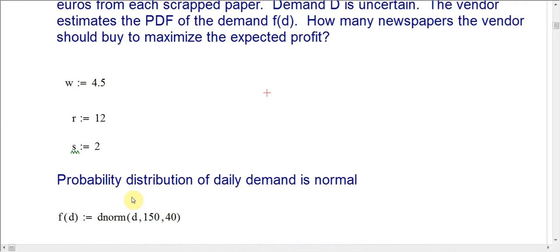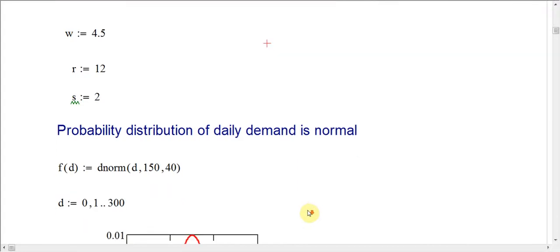The probability distribution of the daily demand, as we said, is normal, and it has a mean value of 150 newspapers and a standard deviation of 40. So on average, the vendor sells 150 papers, but there is significant variability.